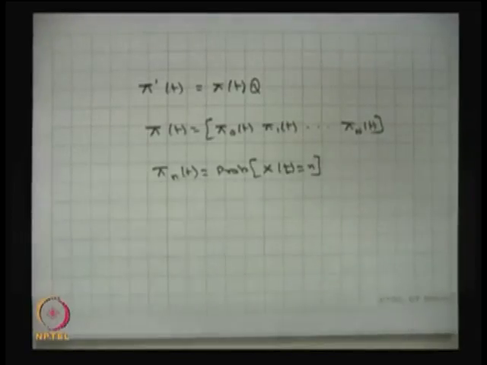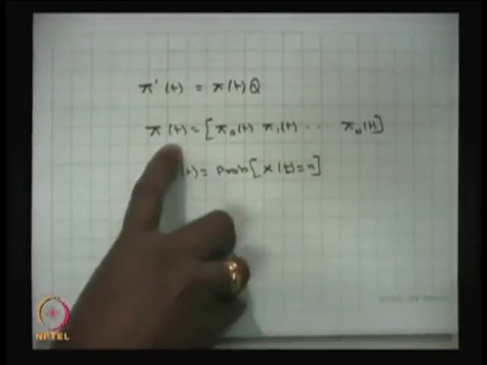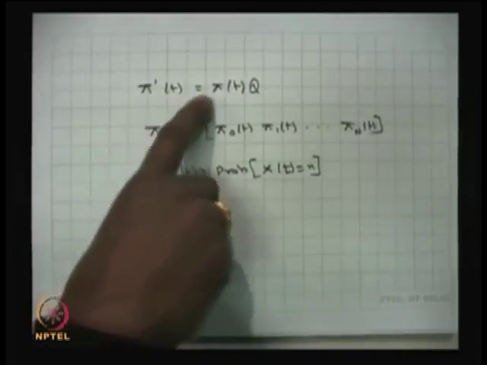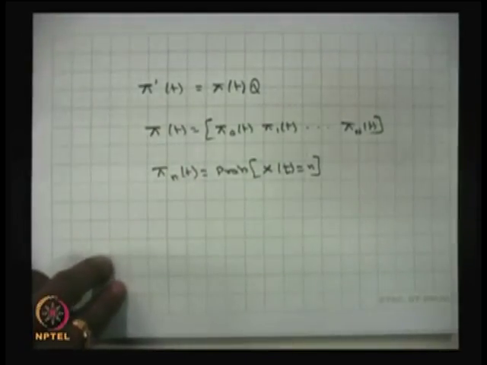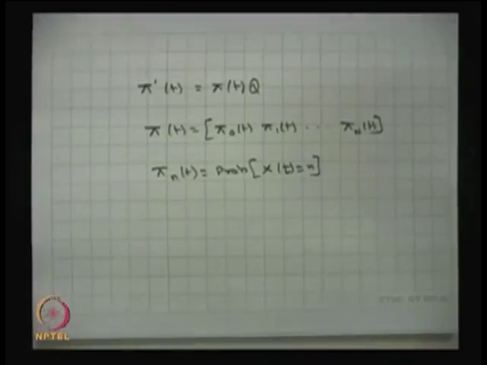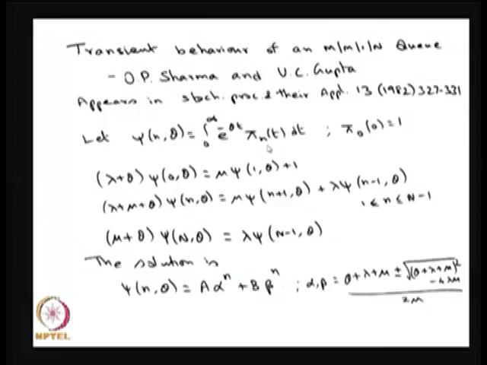So, pi n of t is the probability that there are n customers in the system at time t, and using pi n of t you get the vector and you make the forward Kolmogorov equation, pi dash of t is equal to pi of t times Q, and take a Laplace transform for each pi n of t that exists, because this is a probability and the conditions for the Laplace transform of this function are satisfied. You can cross check. Therefore, you are taking a Laplace transform, this is going to be a function of theta.